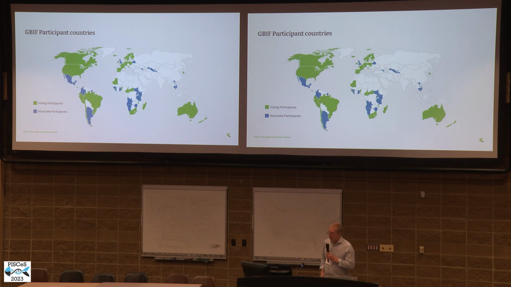Okay, so this is the participation countries in GBIF. You see there's a little bit of a weight on the Western or the rich countries, or whatever we should call it. But we're growing year by year with more participating countries. These are the countries that fund GBIF by an annual payment to run the costs of GBIF.